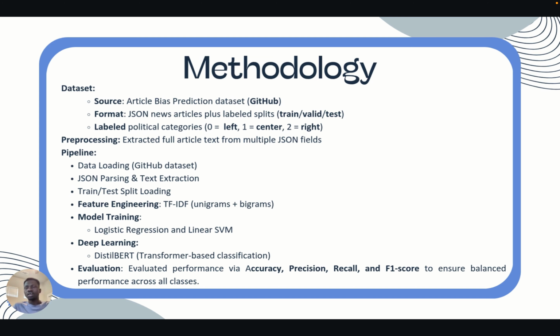For our train/test split, we use a train-validation-test split to ensure fair evaluation. For traditional models, we use TF-IDF to convert text into numerical features using unigrams and bigrams under feature engineering.